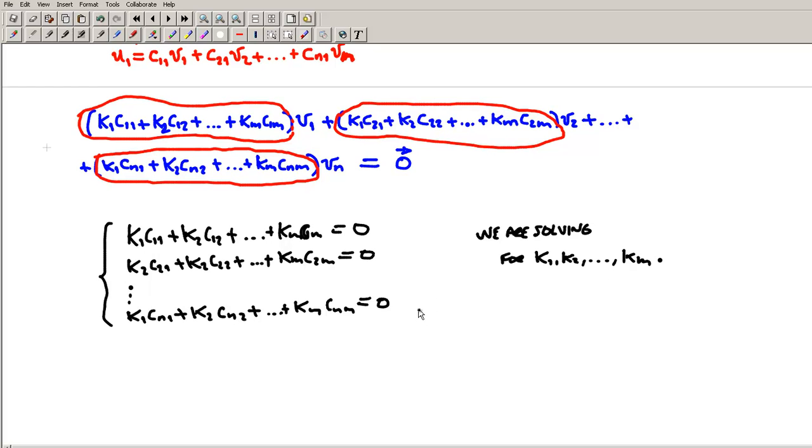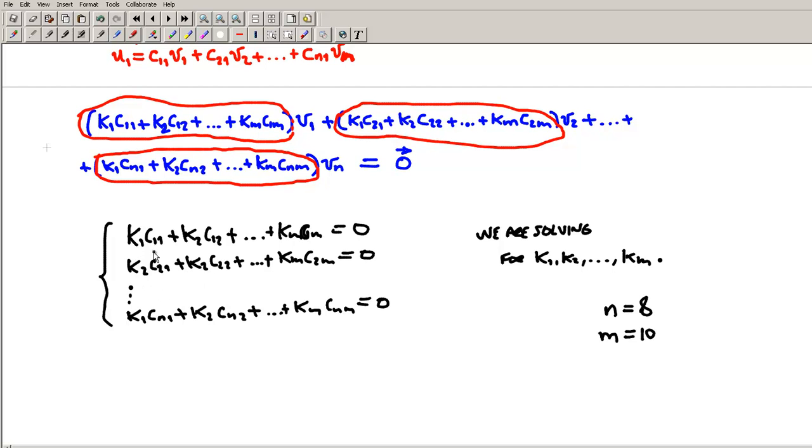Well, one thing that you're supposed to remember from the first linear algebra course that you took is that if you have m variables but fewer equations, then the solution is not trivial, okay? So for example, let's say the number of vectors in the basis n is 8 and m is 10, so we have more vectors. This means that you have 10 variables.